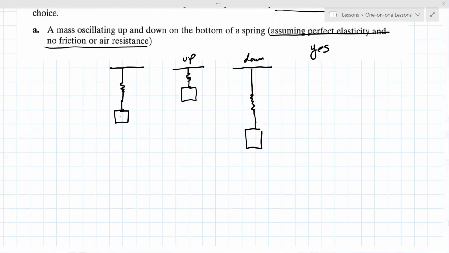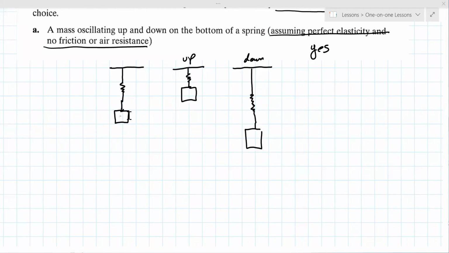I think that's why the instructor had this written here. So the explanation would be that while it's in this motion, it always returns to the same point.